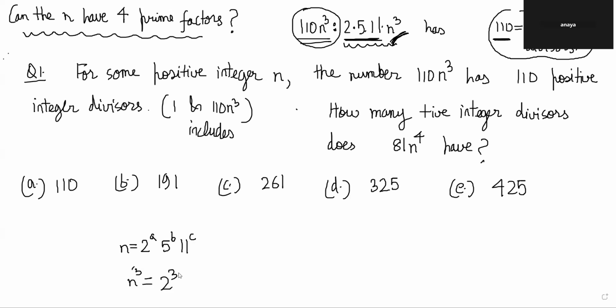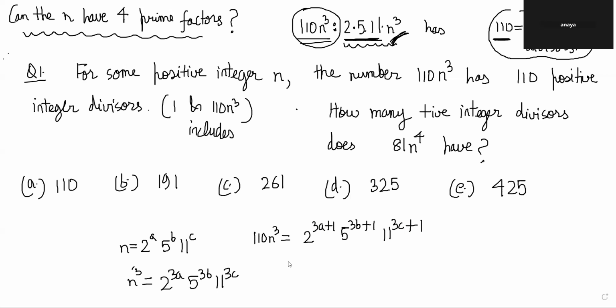So n to the power 3 is all of that also to the power 3, so 3a, 3b and 3c. Then 110 times n to the power 3 would be 11 times 5 times 2 times 2 to the power 3a times 5 to the power 3b times 11 to the power 3c.